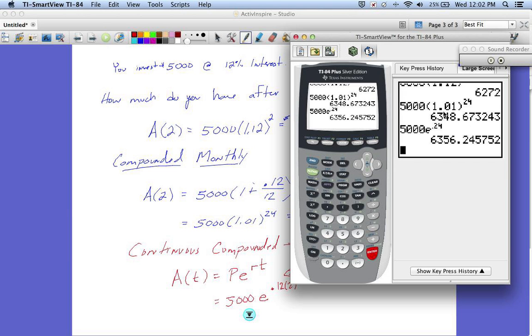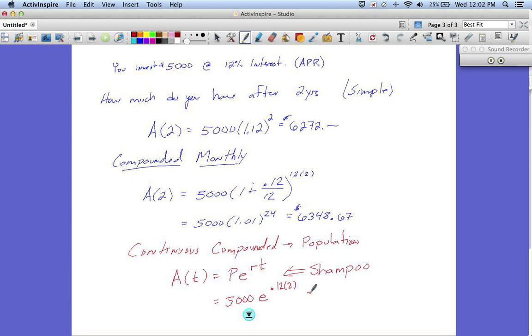And my number, notice, is slightly higher. I get about $8 more than before, $6,356.25. And since we're compounding, quote unquote, all the time, it should make sense I'm doing more compounds than once a month. So this value should be higher.